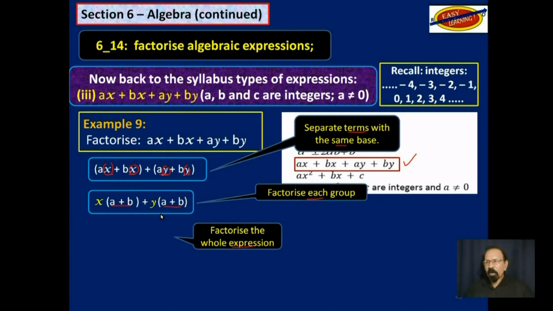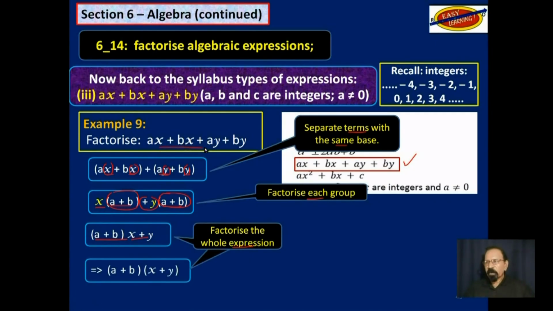Now factorize the whole expression. There is an a plus b here, and there's an a plus b there, so we will take that out. A plus b, and what are we left with? X plus y. And so, if you had to factorize this expression, this is your answer.